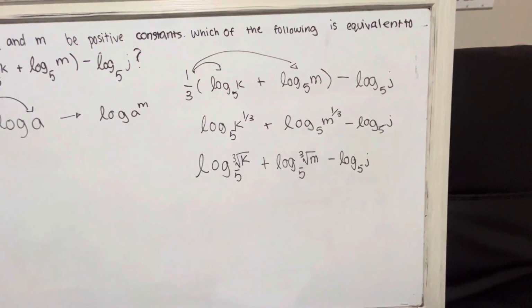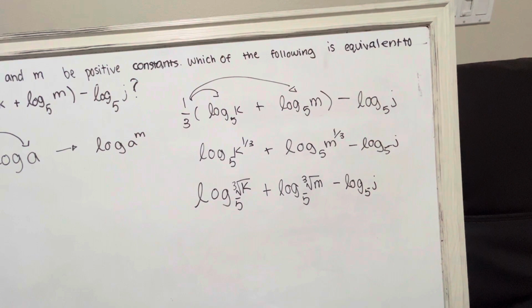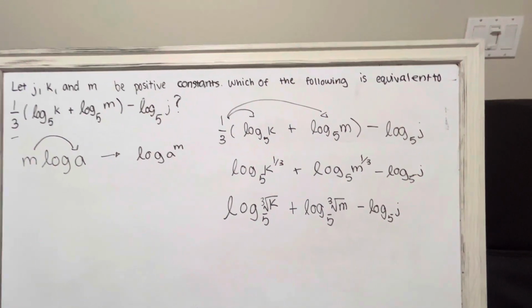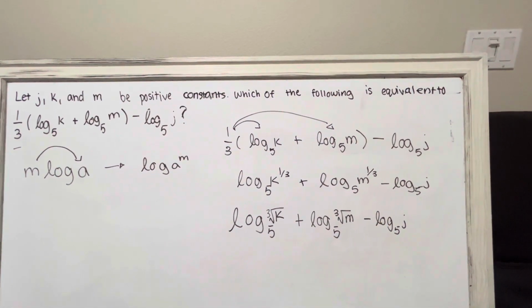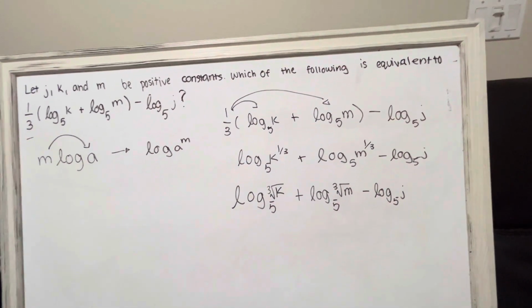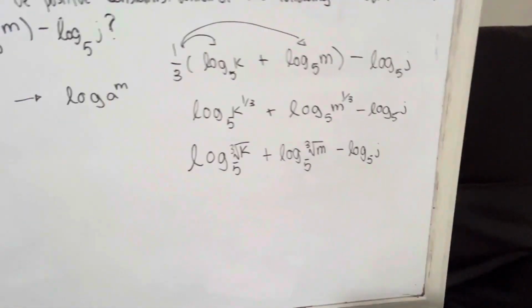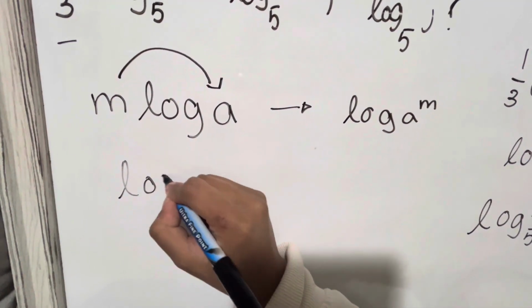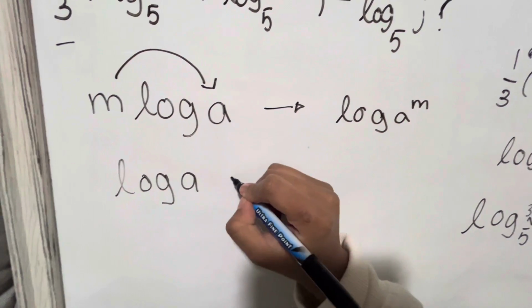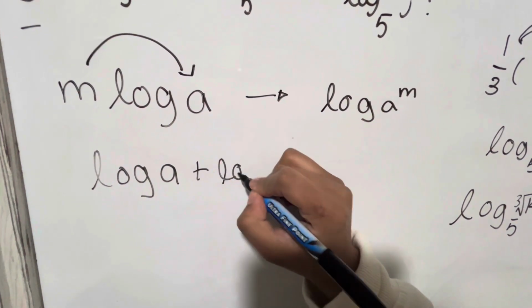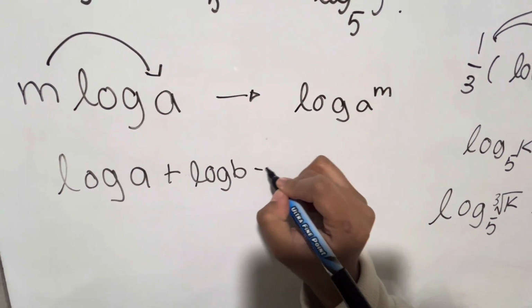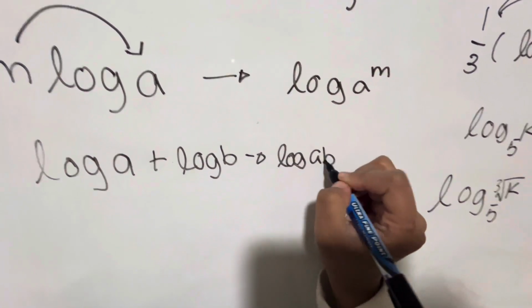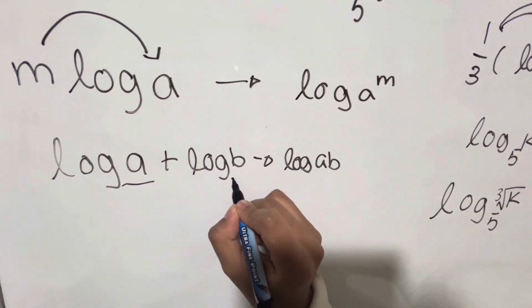So it looks cleaner than how it originally was. But another thing you can do with logarithms is combine them if they're being added or subtracted. For example, if you have something like log a plus log b, you would transform that into log ab.